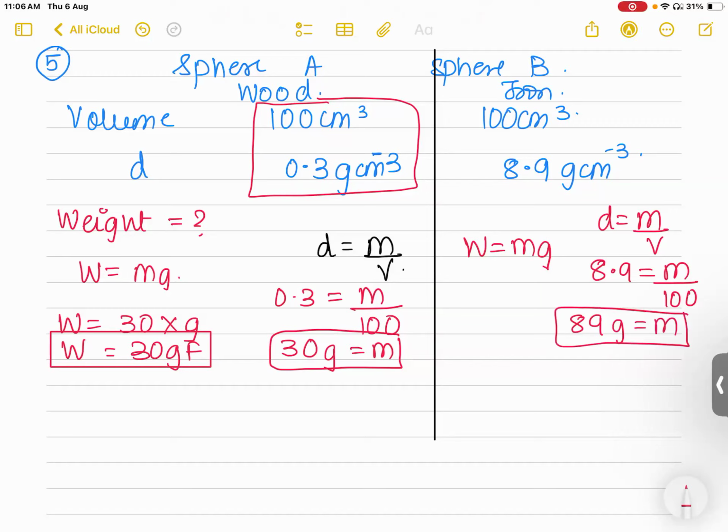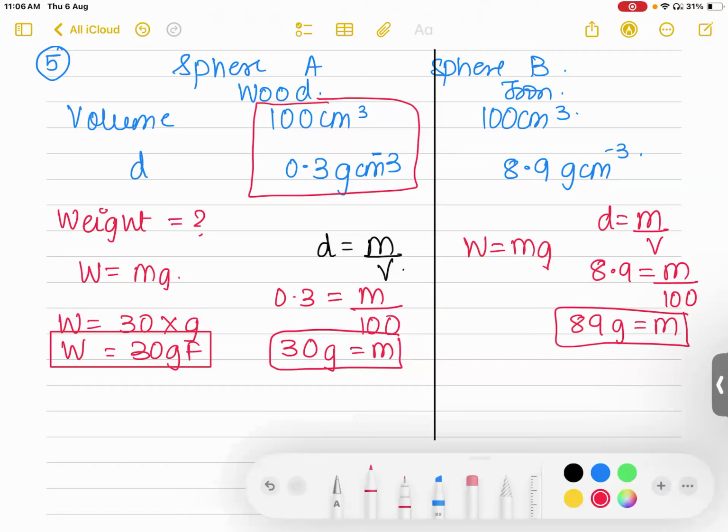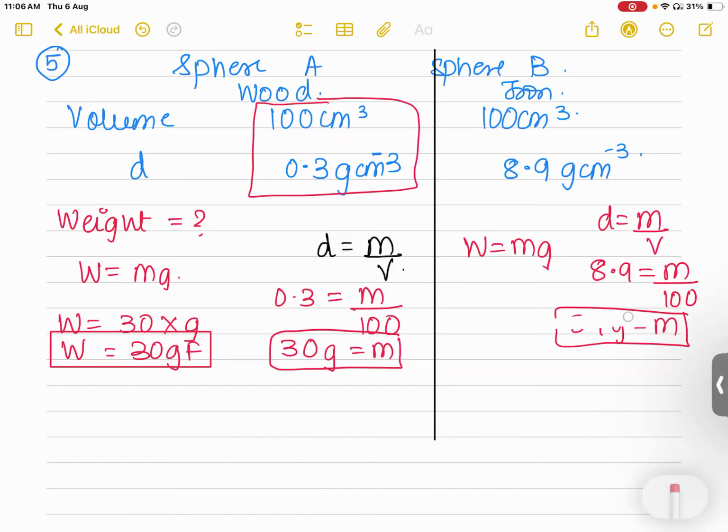Got it, guys? Now, if 89 is your mass, I try to calculate its value by simply using the formula. The formula will be mgh. Wait a minute. I think I have made an error in the calculation.